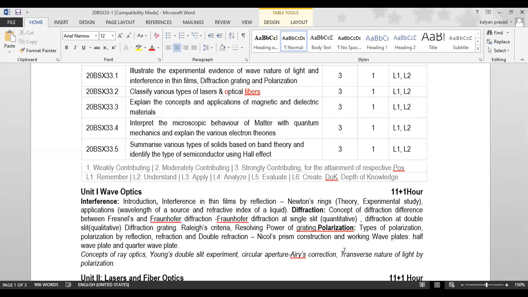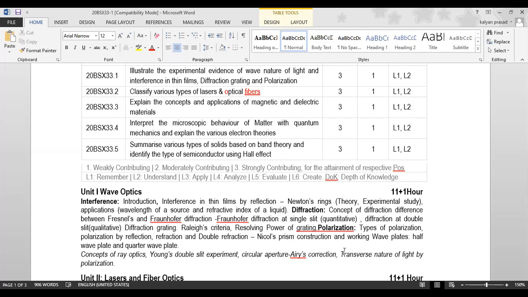And after that, applications of Newton's rings. Two basic applications were there. The wavelength of a given source can be determined using Newton's rings, and the refractive index of a liquid can also be determined using Newton's rings. So these are the contents of the first chapter of the first unit.